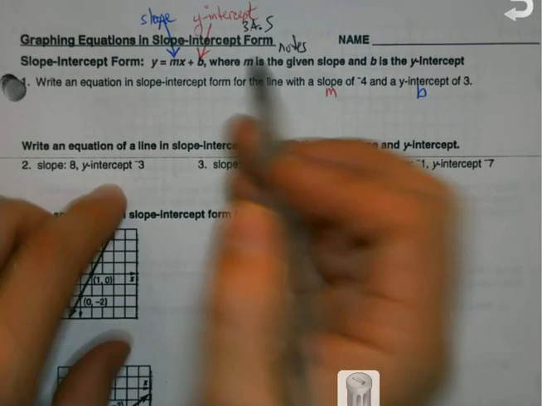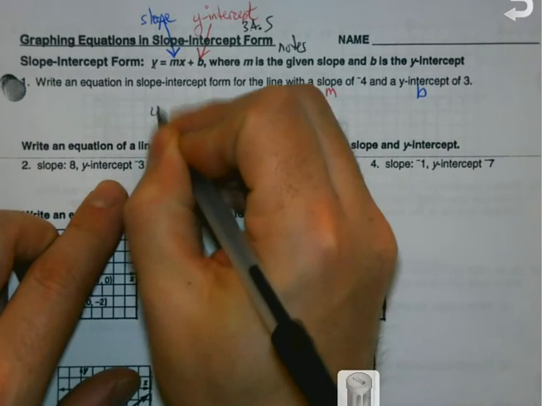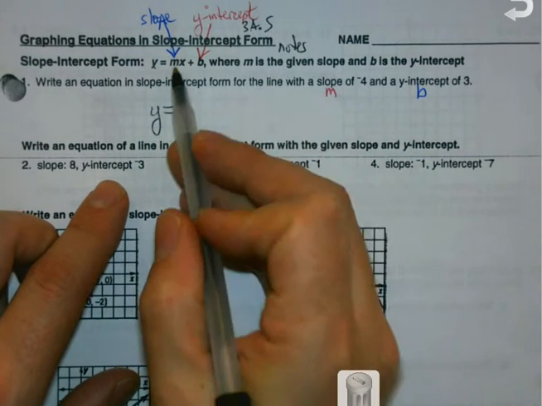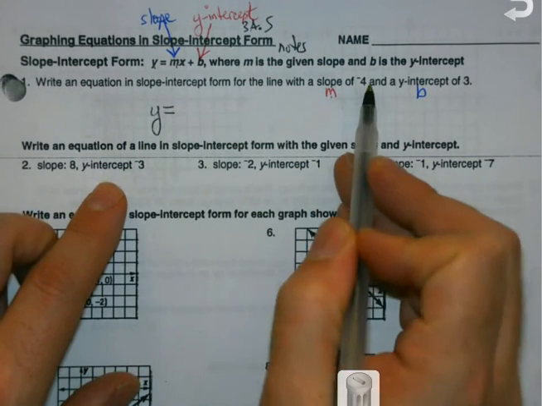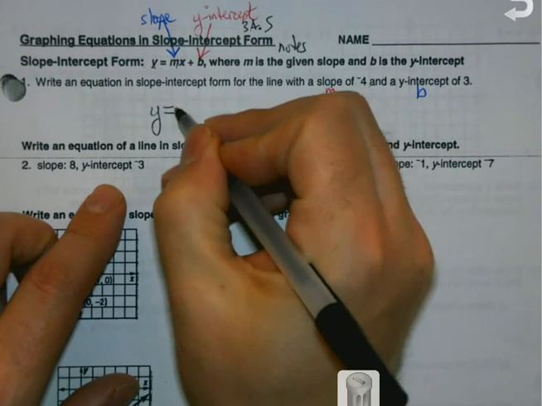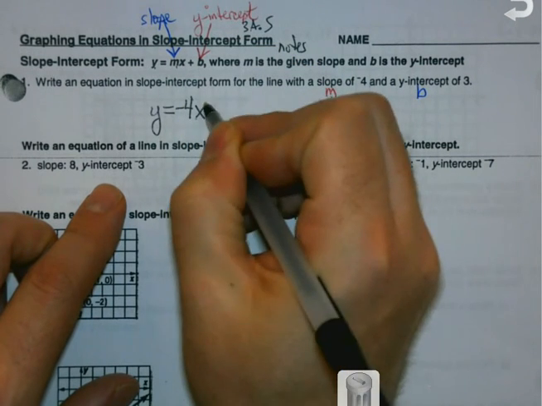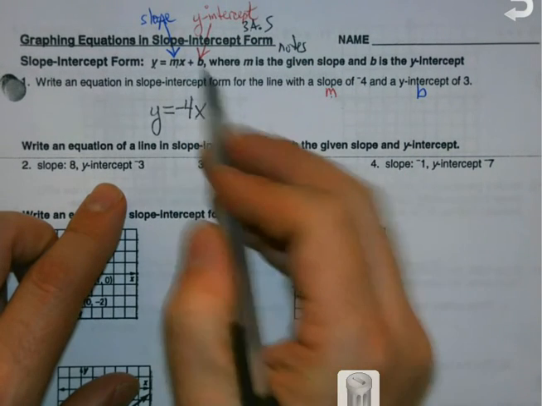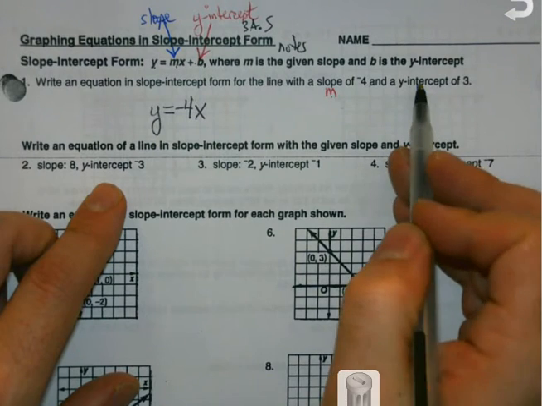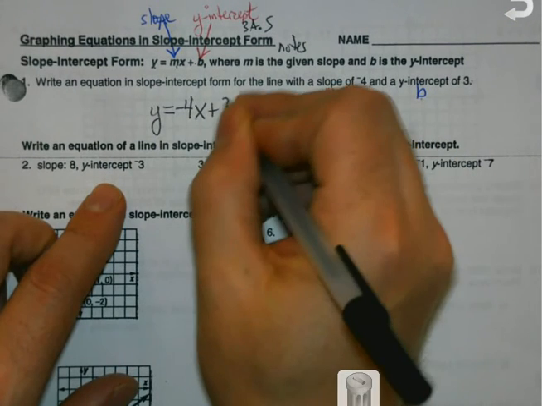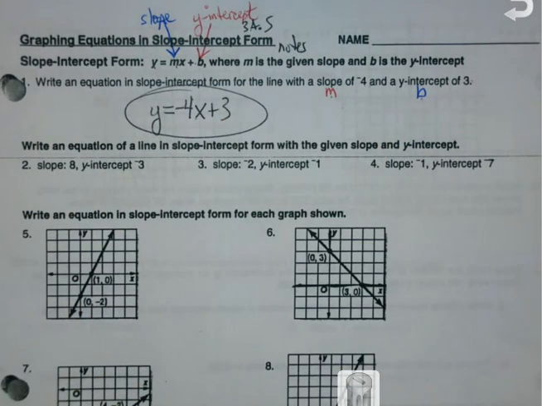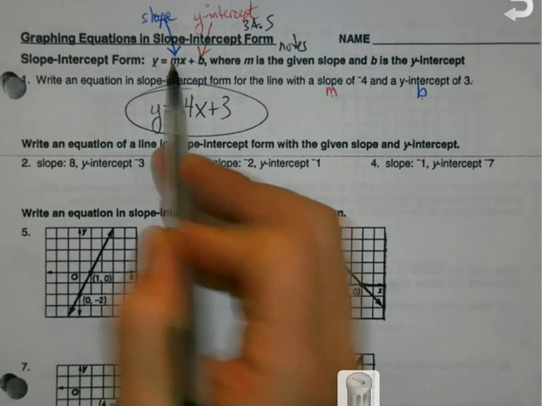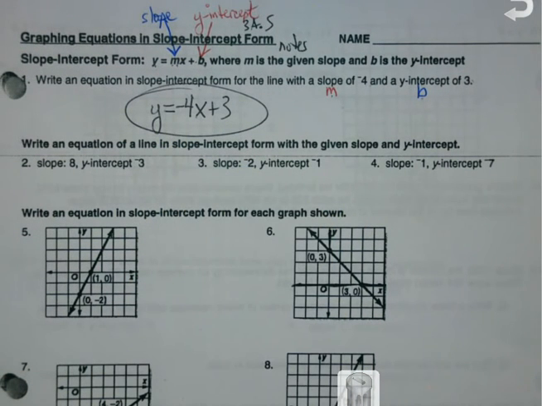So it's y equals m, that's my slope, which is -4, x plus b plus my y-intercept plus 3. I'm done. So I'm just plugging numbers into those 2 spots right there. Finished. And I don't mind even if you put plus and negative sometime.